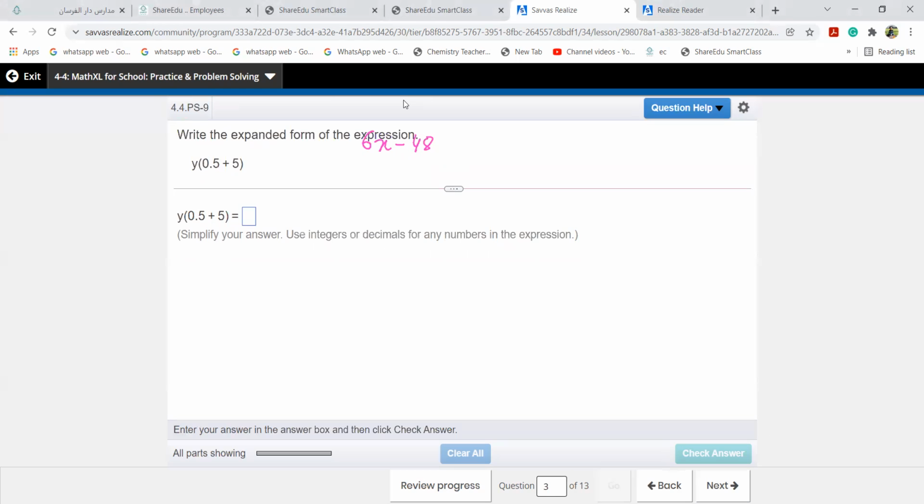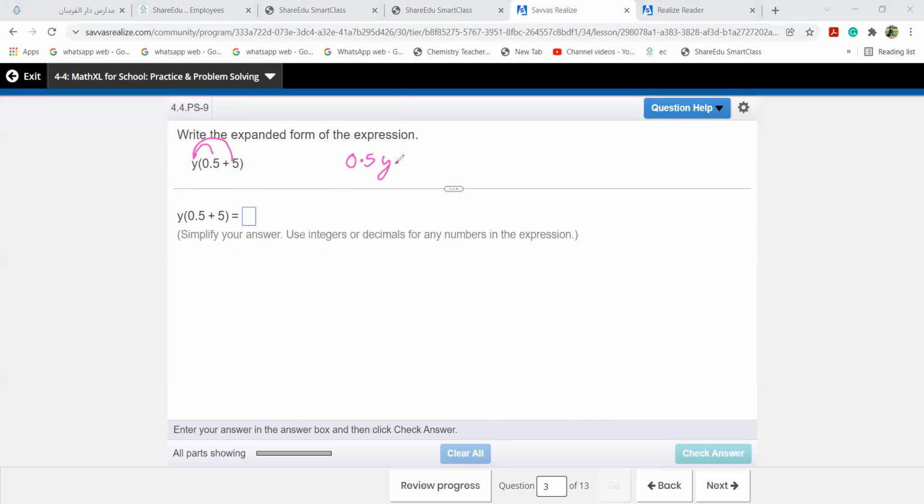Malak? Yes. How do you do this? What do you multiply first? First, I will multiply 0.5 by y. So you get 0.5y. Then?